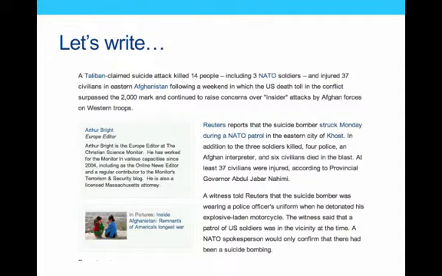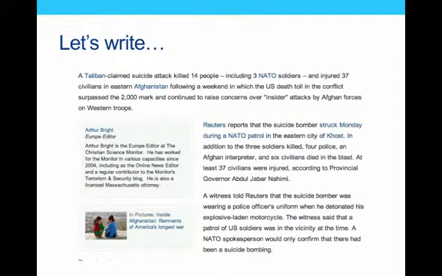You also have to boil it down to what exactly happened. So we talked before about how important the what is in terms of getting that into the lead. So what happened? There was a Taliban claimed suicide attack.